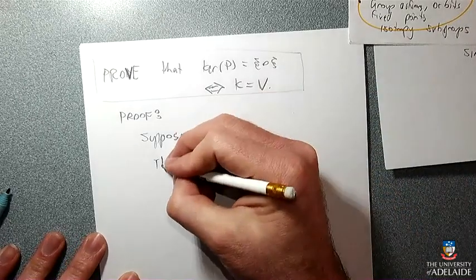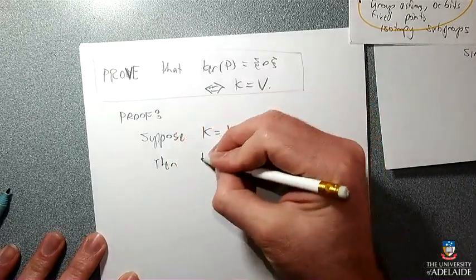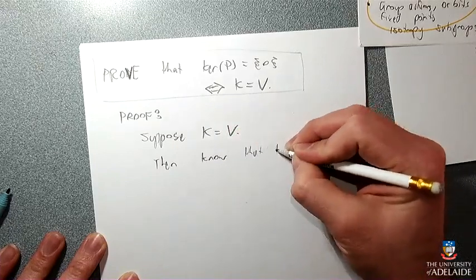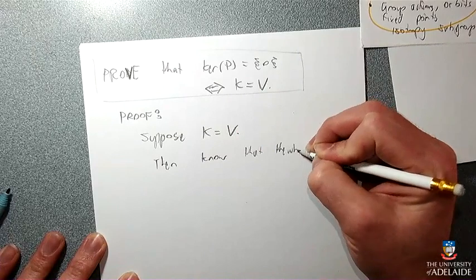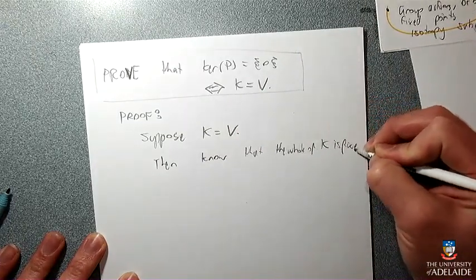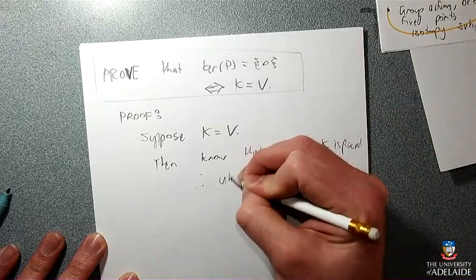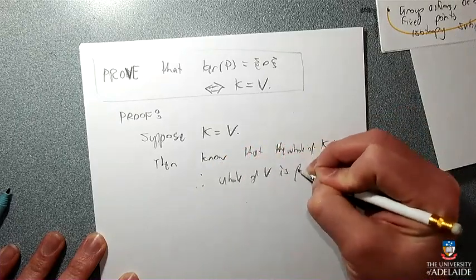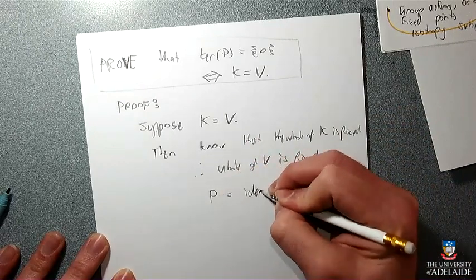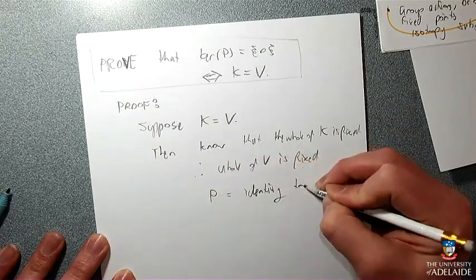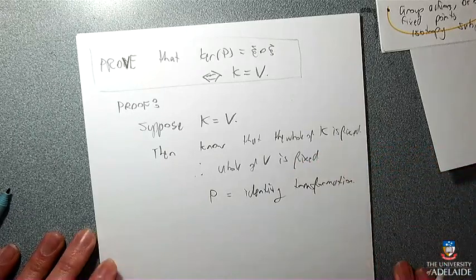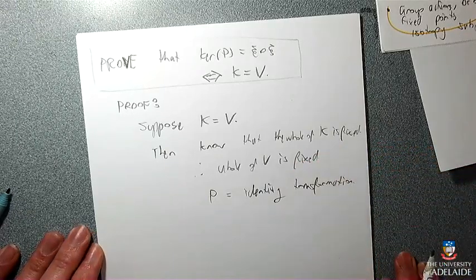Then we know the whole of K is fixed, therefore the whole of V is fixed, and therefore P is the identity transformation, and fixes everything.